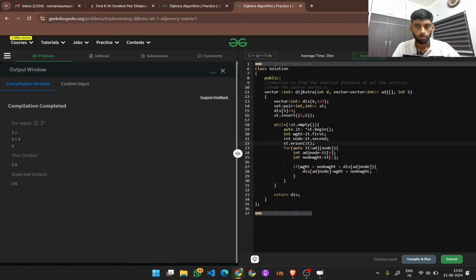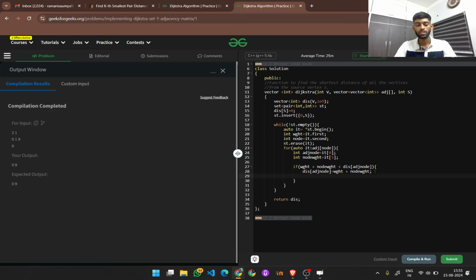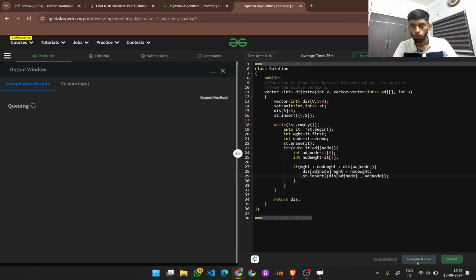It will give error because we have to also insert that particular node into the stack with the distance of a DJ node and a DJ simple. Okay. I hope now it will run without any kind of error. Let's submit it.